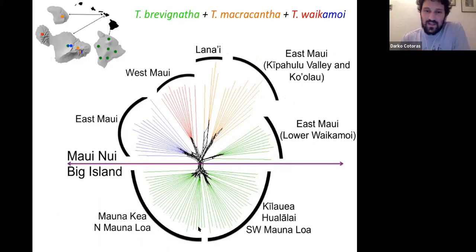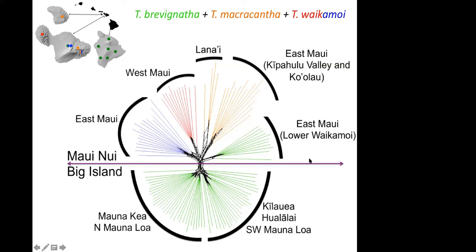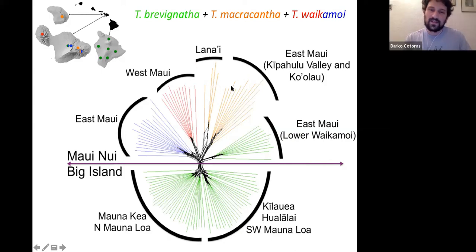What I was saying is, with this phylogenetic network, we look at in Macracantha two different populations, one in Lanai and the other on East Maui. So we find this biologically congruent result that we didn't see with the previous type of analysis.